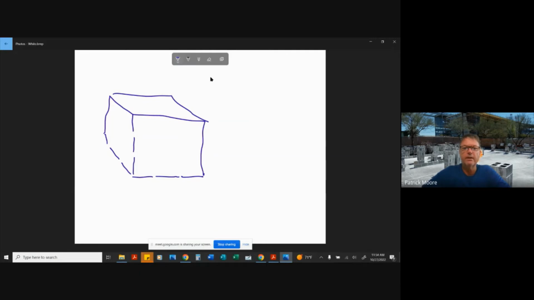a cubic yard, this is 1 cubic yard, 1 cubic yard or 1 yard cubed, both of these things say the same thing, is 3 feet by 3 feet by 3 feet. Now let's just, for fun, connect all of these, and we're sort of making a Rubik's Cube.